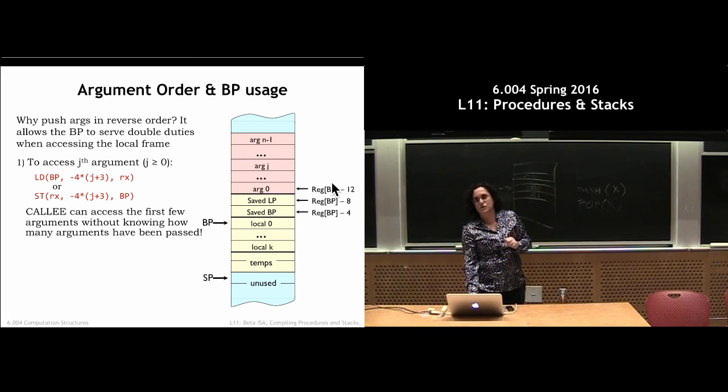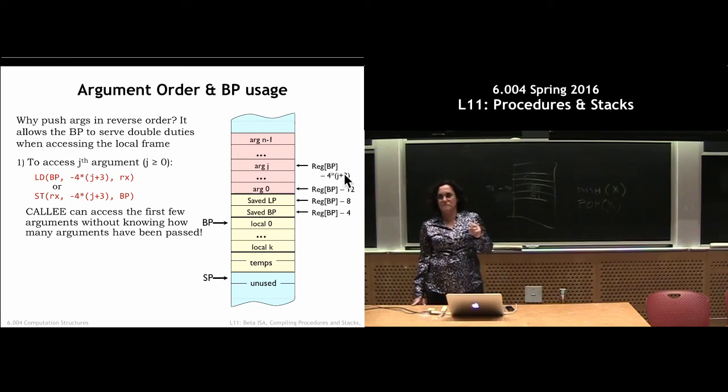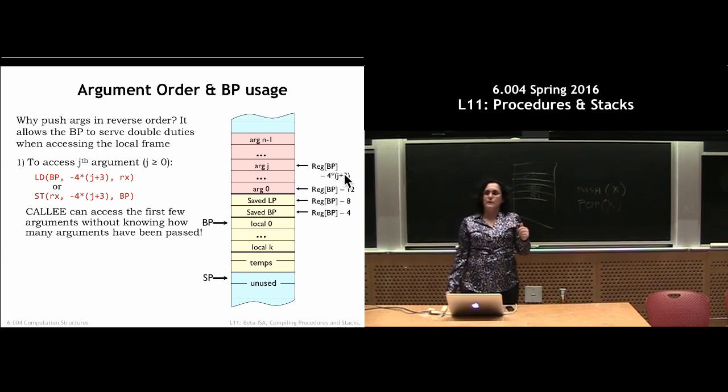The contents of register BP minus 12. If I want to get a random argument j, that's always going to be located at the contents of register BP minus (4 times j plus 3). But the key is that we always know exactly where to find each argument relative to the base pointer.